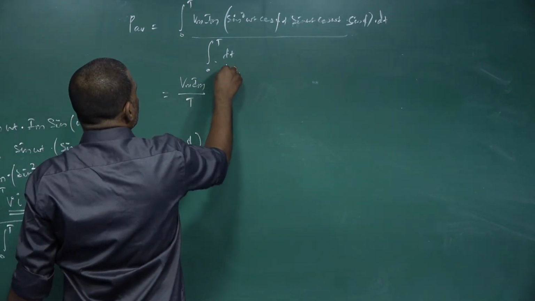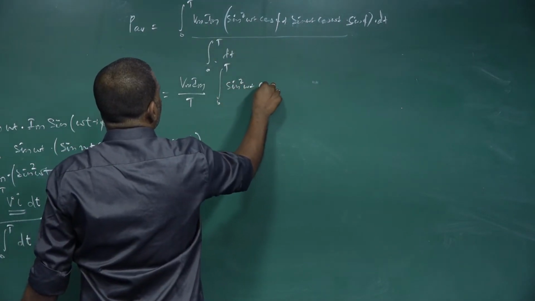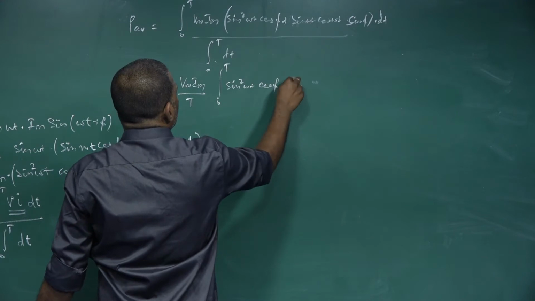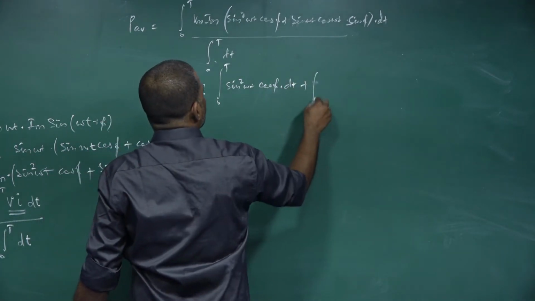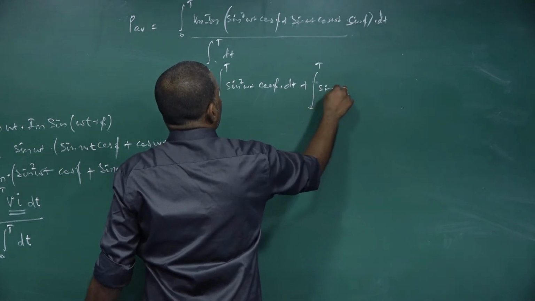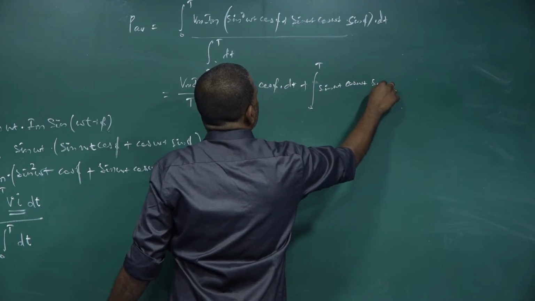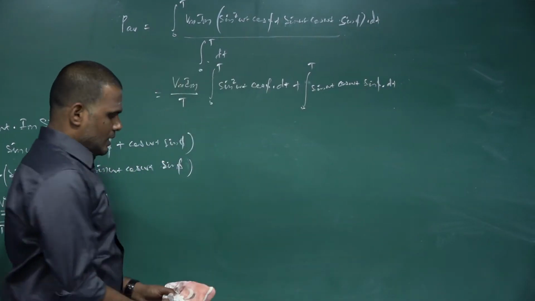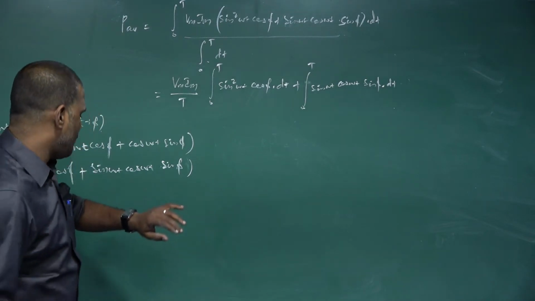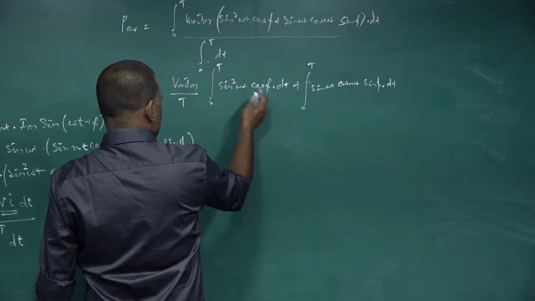Then integral 0 to T, I can write sin square omega t cos phi into dt. I am separating this as two integrations, plus integral 0 to T sin omega t cos omega t sin phi into dt. And cos phi is taken out.